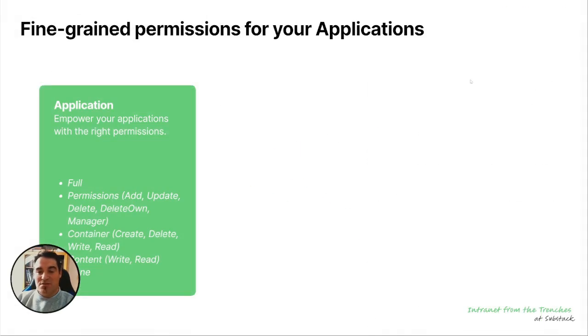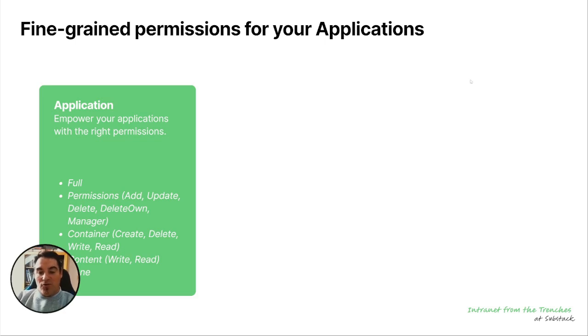In terms of permissions, let's see a brief summary for the application level, for the container level, and for file level. In terms of application, we have different groups of permissions. We can manage the permissions themselves, so we can have an application that can add permissions to a tenant, update the permissions assigned, delete one, delete the permissions of their own application.